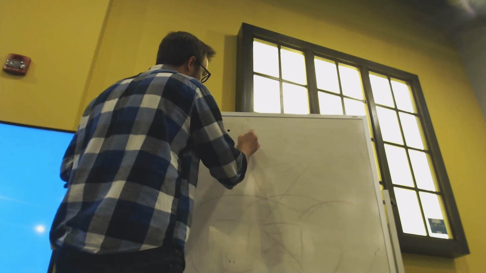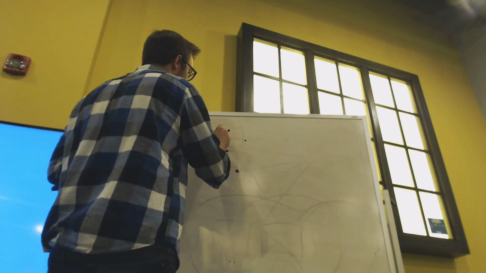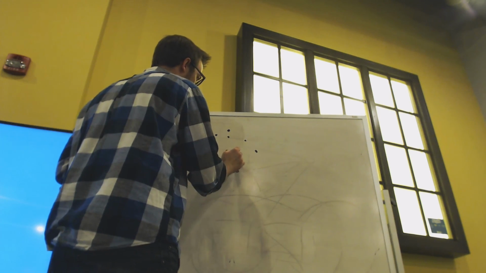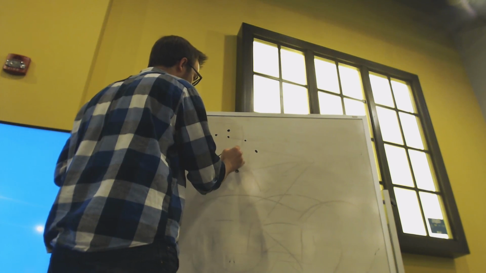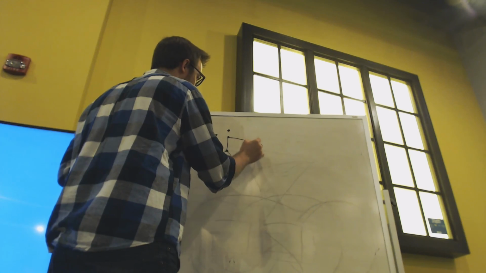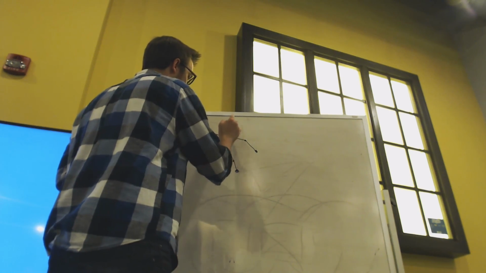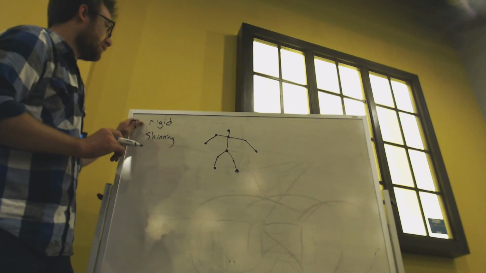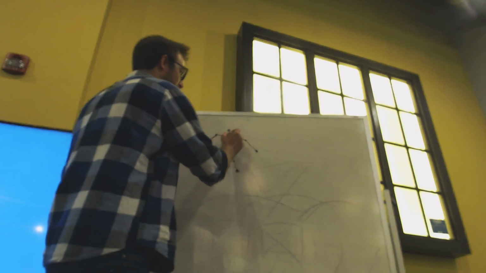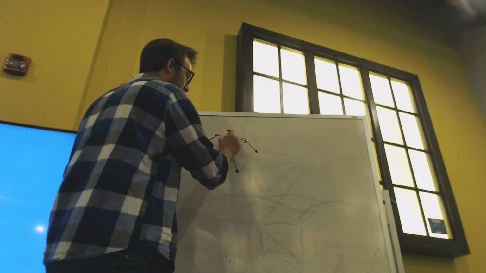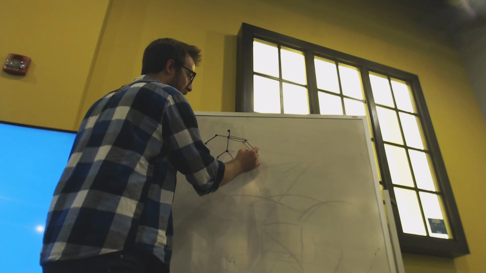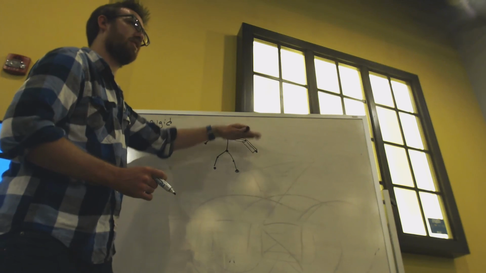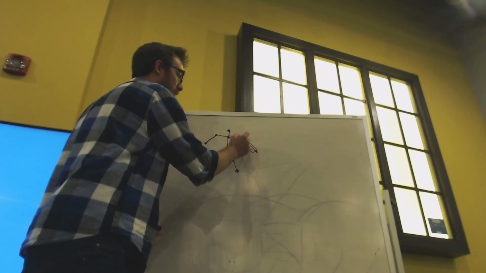Each one of these is going to be comprised of a skeleton. So create a super simple humanoid skeleton: legs, arms, head, whatever. With the rigid, you could have a box here, and anytime this would move, it would move the entire box all at once with this one point.